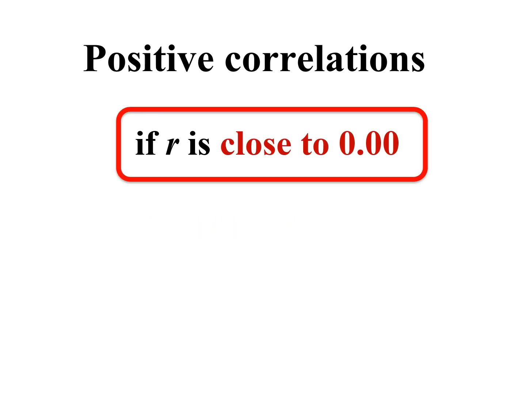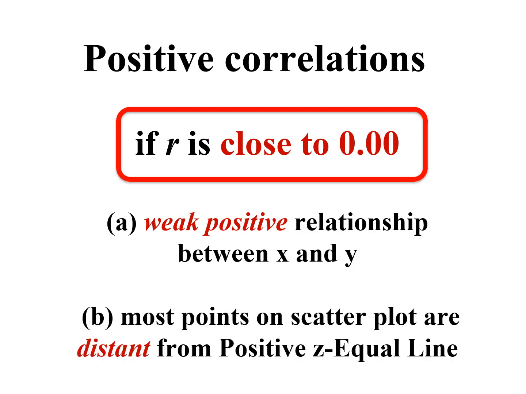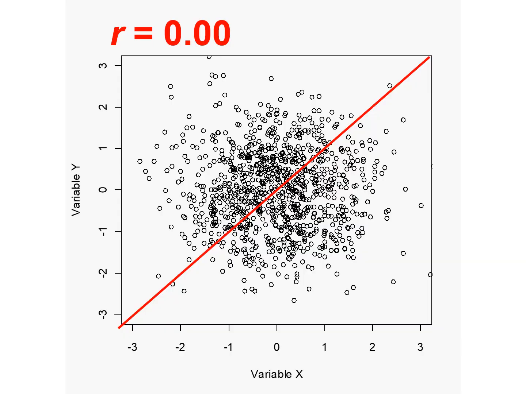On the other hand, if R is positive and R is close to 0, we say there is a weak positive relationship between X and Y. And most points on the scatter plot are distant from the positive C equal line. Let me show you what I mean. In this scatter plot, the correlation between X and Y is 0.00.